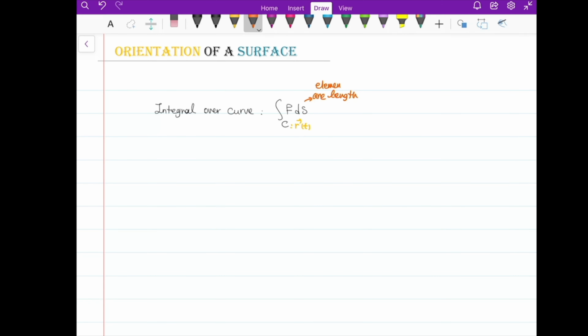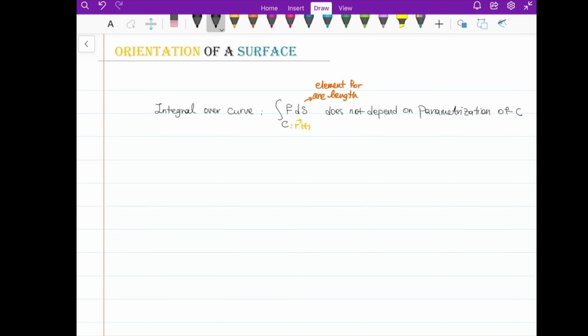This integral does not depend on the parameterization of C. We talked about that before.